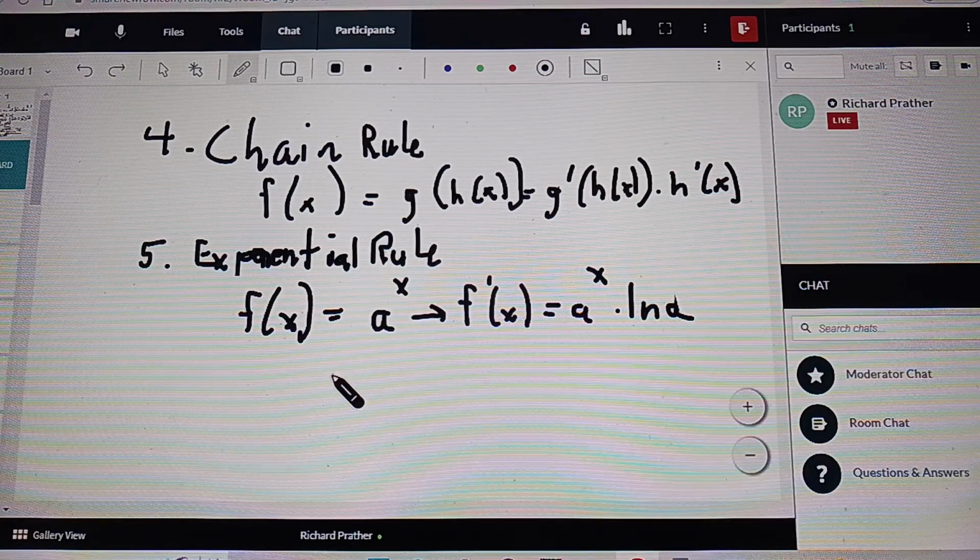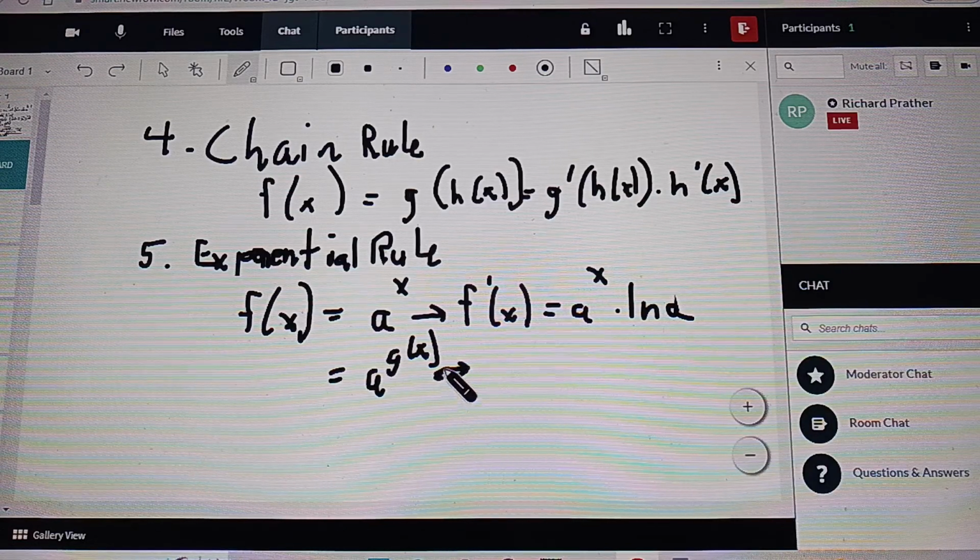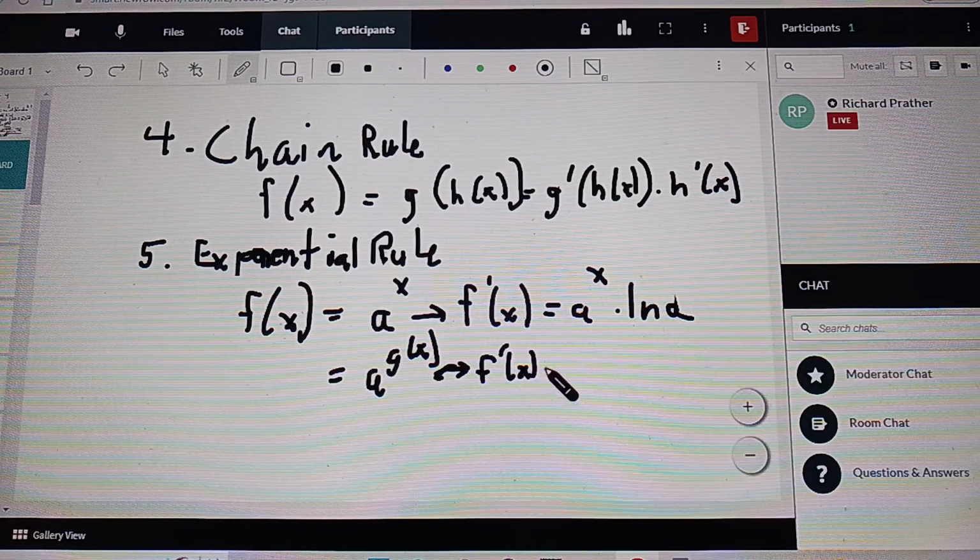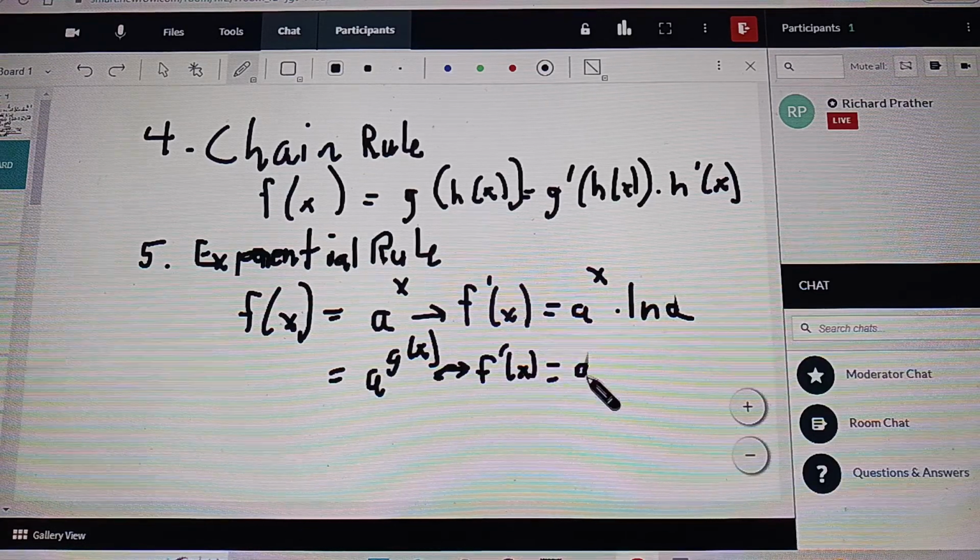So if it's not just x, say the original is a to the g of x, some kind of function of x there other than just x, then the derivative of the function, you do just like the first one.